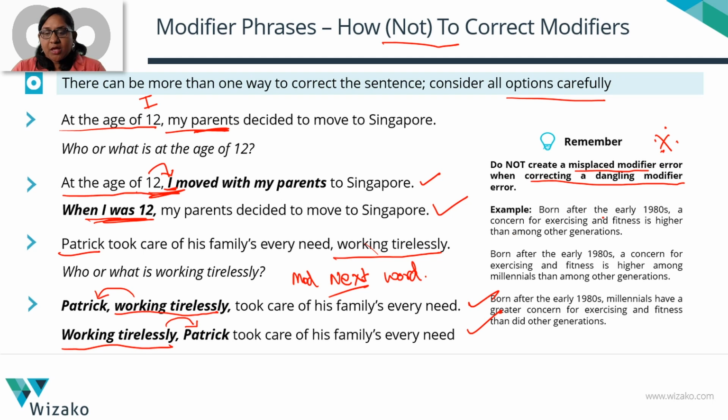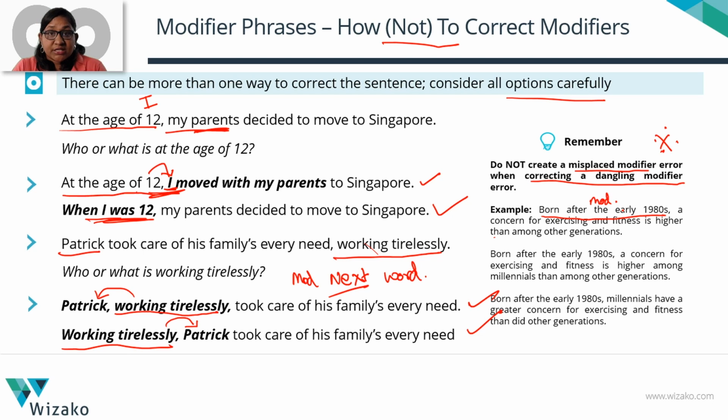Here's an example. Born after the early 1980s, a concern for exercising and fitness is higher than among other generations. Okay, we've said than among other generations, which means we're talking about some generation. What generation? The generation that was born after the early 1980s, which is your modifier. Convert into a question, who was born after the early 1980s?